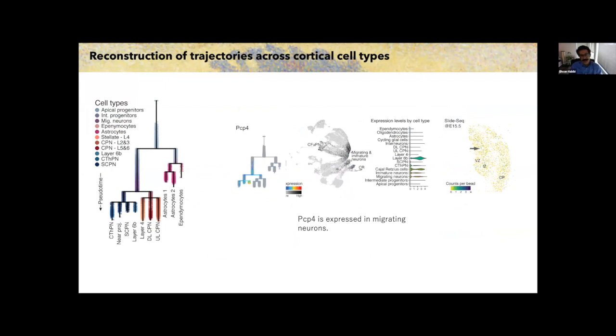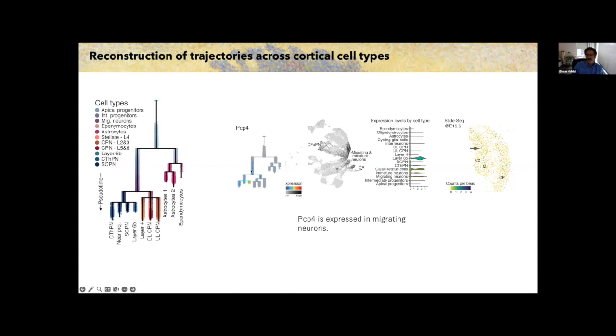Another important finding was that when we reconstructed the tree, we saw that, for instance, there is a gene called PCP4, which is a marker for corticofugal cells, that also appears here in the intermediate cells.